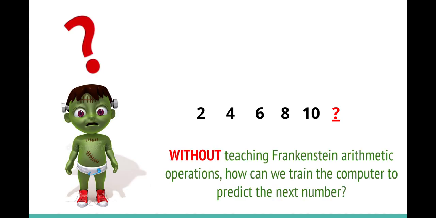Given that question, so for example, our baby is Frankenstein. Without teaching Frankenstein any arithmetic operations such as addition, multiplication, and so on, how can we train the computer or Frankenstein to predict the next number? So that is what machine learning is all about.